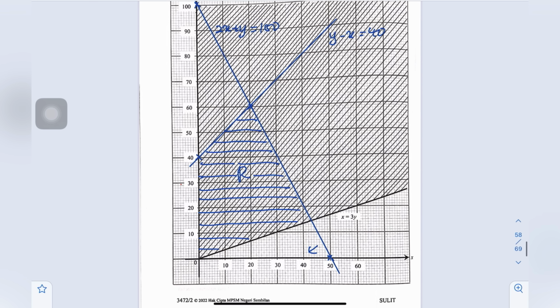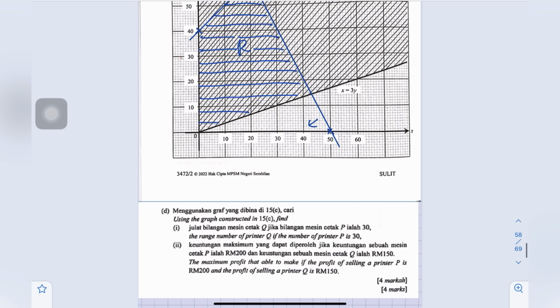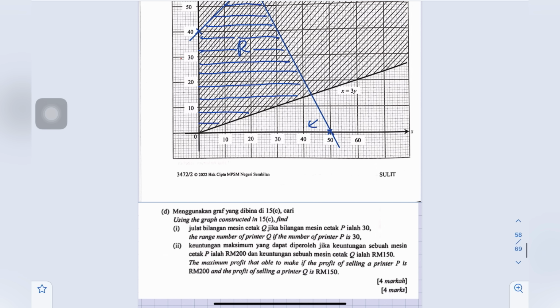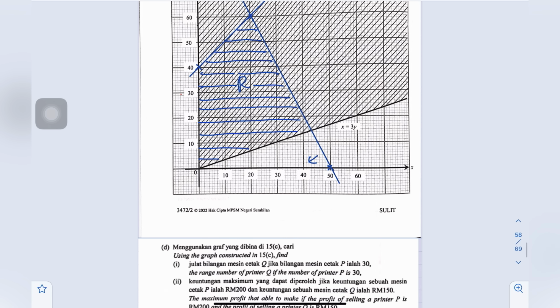Okay, so then question D. Using the graph constructed in 15C, find the range of the number of printer Q if the number of printer P is 30. Okay, printer P is X. So you have to construct x equals 30. So x equals 30 is this one.